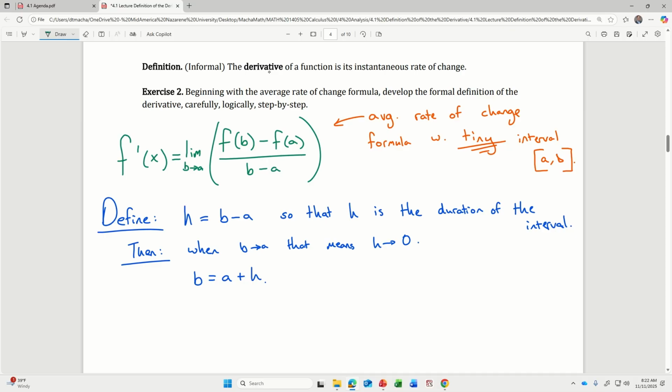Okay. So revisit my green formula. The derivative of the function is going to be the limit as h approaches 0 of f of a plus h minus f of a divided by a plus h minus a.